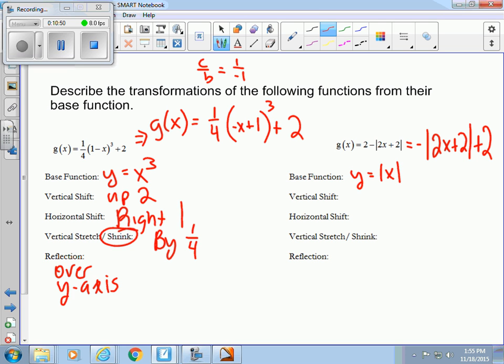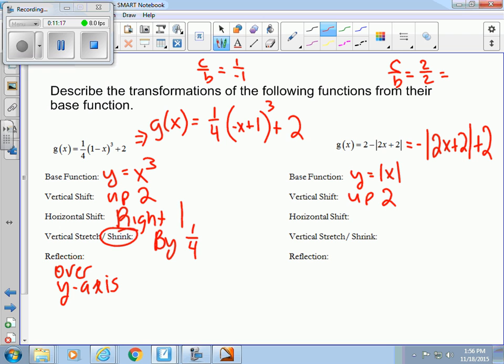What is the vertical shift? Okay. So, what is the horizontal shift on this? What are we even going to do to figure that out? C divided by B, right? Which is 2 divided by 2.